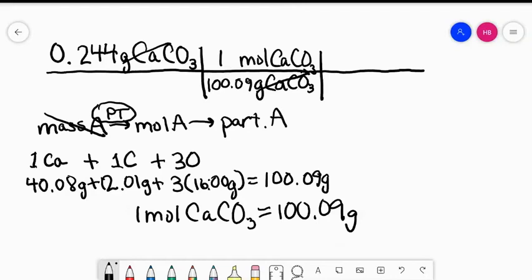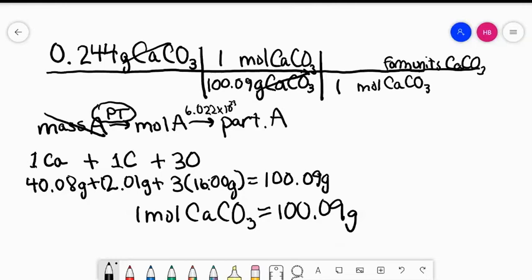Now, the next thing I need to do is change units of moles to units of particles or formula units. Remember, a mole is a counting term. So every single mole has the same number of particles, and that's that big long number, 6.022 times 10 to the 23rd. So I need moles to cancel, so I'll put moles on the bottom. And I need to get to formula units, so that's what's going to go on the top. Now, here's where you have to be careful.